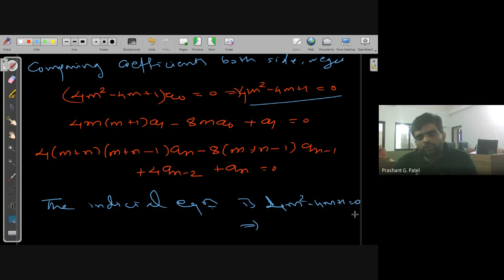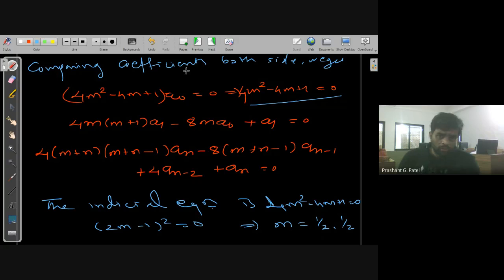And the roots of this indicial equation, you can see that m will be 1 by 2, 1 by 2, because this is nothing but 2m minus 1 whole square. That's why m will be plus 1 by 2, plus 1 by 2. And therefore this m1 minus m2, and both of them m1 and m2 are same, will be 0.